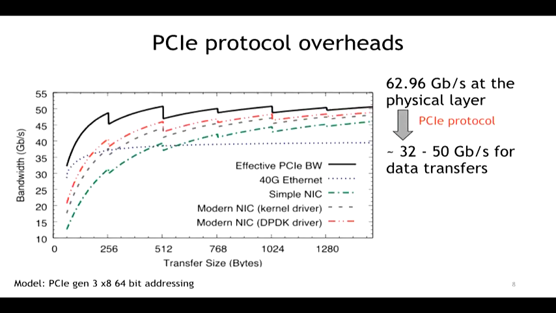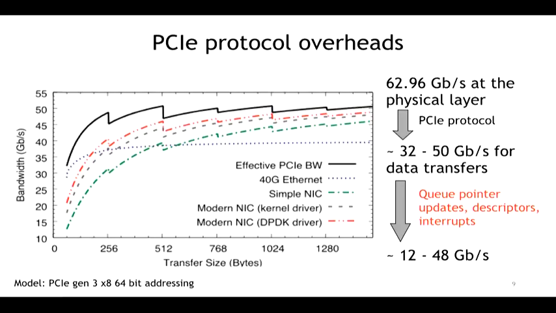You see a sawtooth pattern here, and that is because of the MTU or MPS. Once you transfer up to 256 bytes, if you then transfer 257 bytes, you have to send another packet with another header on it, so your throughput drops.